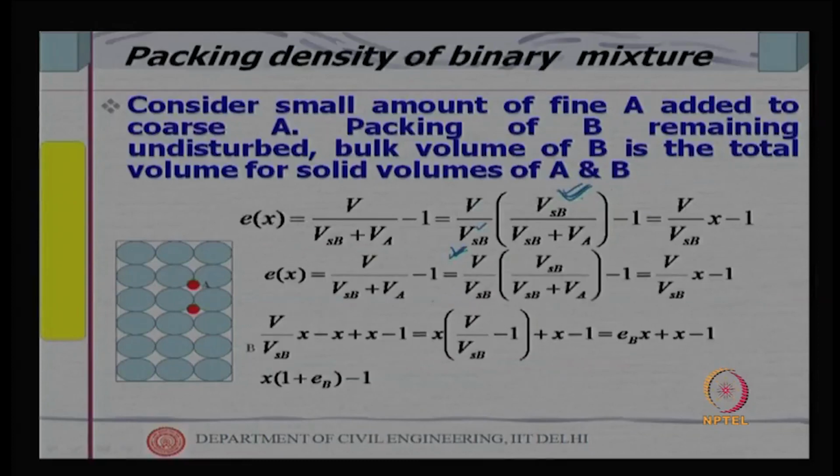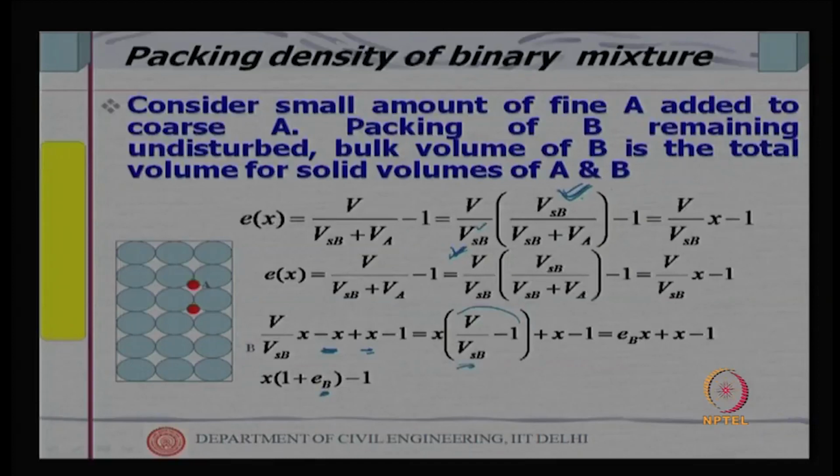Ex is equal to V by VSB x minus 1, and then what I do is I just add minus x and plus x, a little bit more algebraic manipulation. I subtract x and add x, and then this x gets common. So I will have V by VSB minus 1, which is nothing but the EB, the void ratio of B alone.